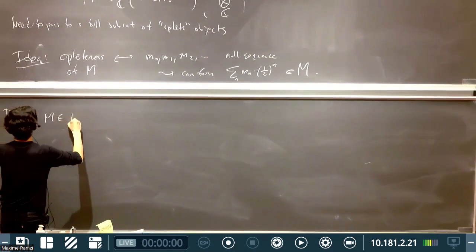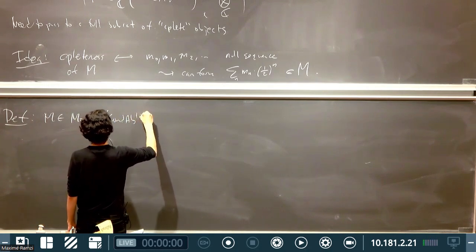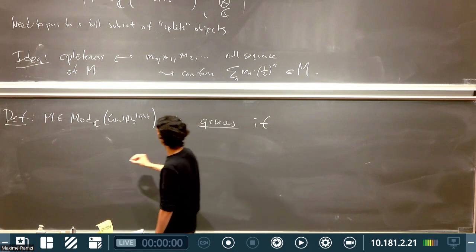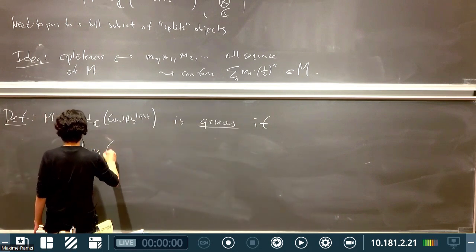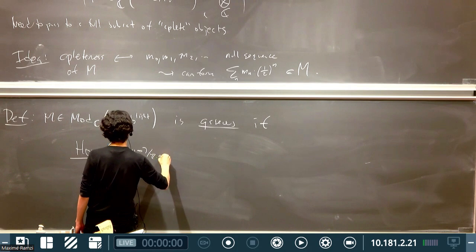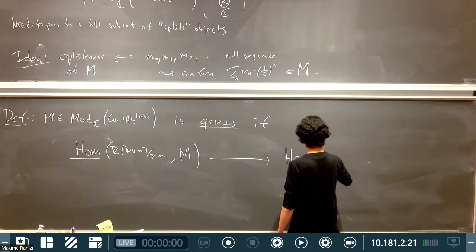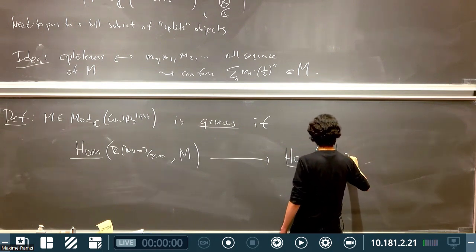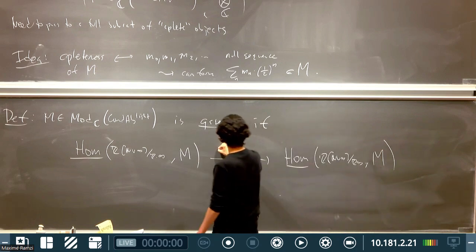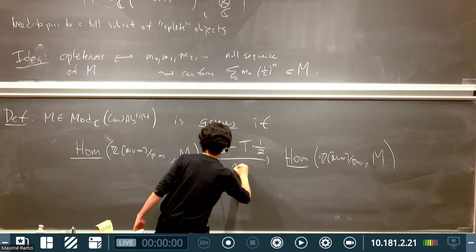An M in Mod C, in Cond Ab light, is called gaseous if, when I look at the internal Hom from this null sequence space and then map it to itself by a certain map, that map will be given by identity minus a shift operator times 1/2, and I want to require that this be an isomorphism.